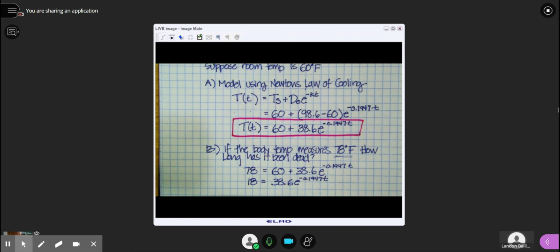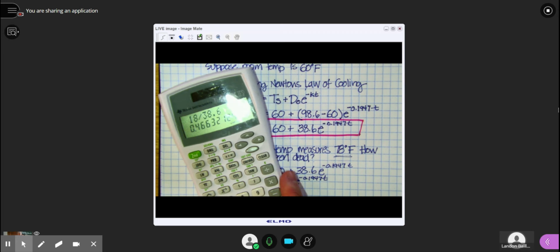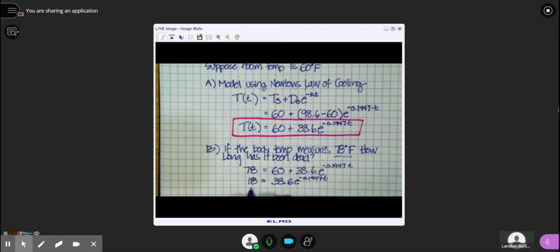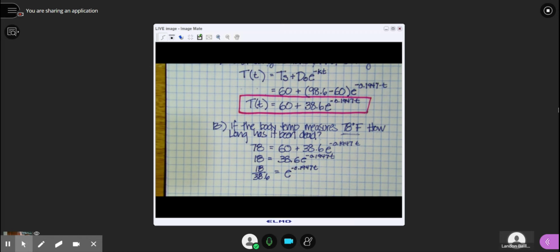And when I do that, it didn't come out even. So what I'm going to do is just leave this as 18 over 38.6, because I don't want to gunk up my calculator with some decimal that doesn't end.